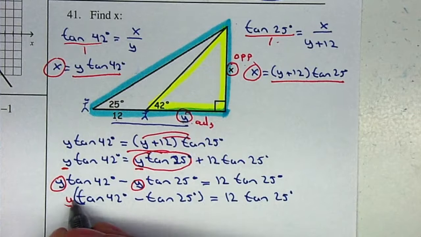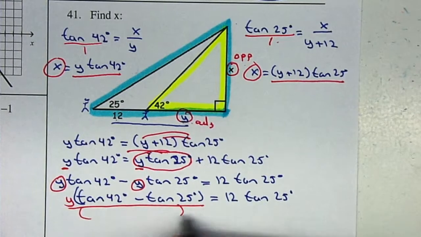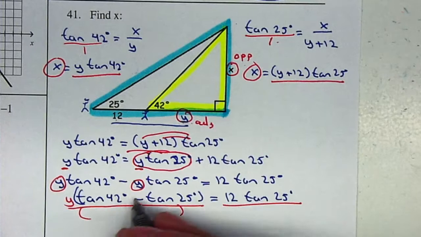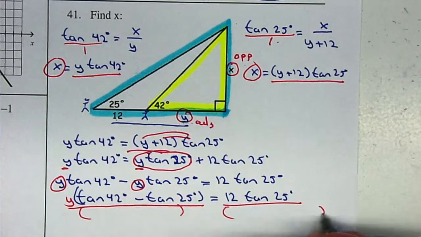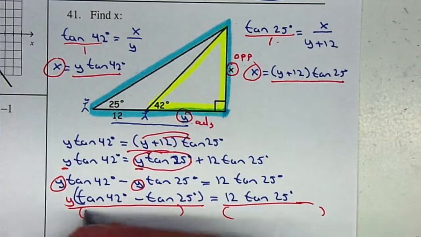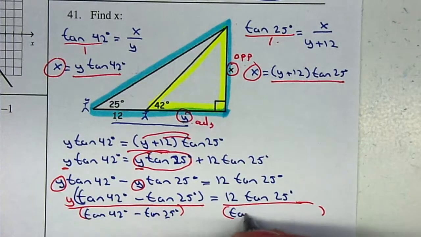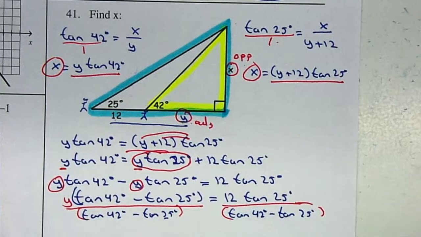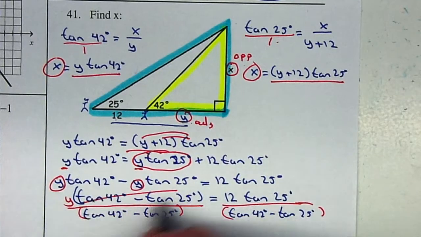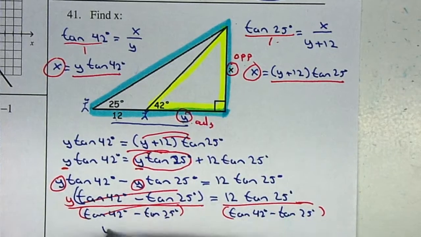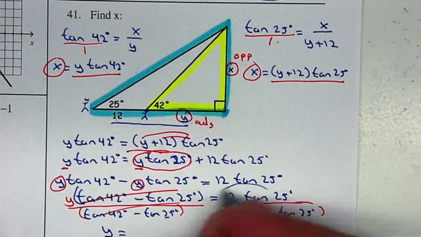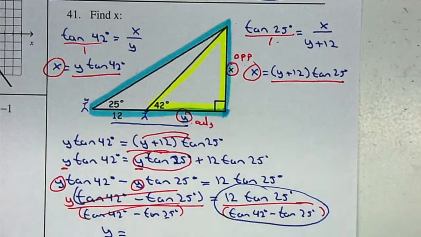The y is multiplying, so I'm going to divide by the tangent of 42 degrees minus the tangent of 25 degrees on both sides. This will cancel. So y is equal to 12 tangent of 25 degrees over tangent of 42 degrees minus tangent of 25 degrees.